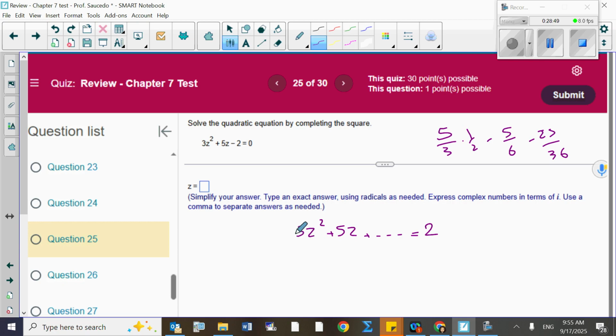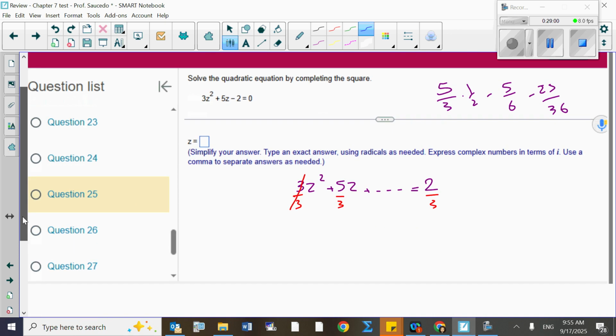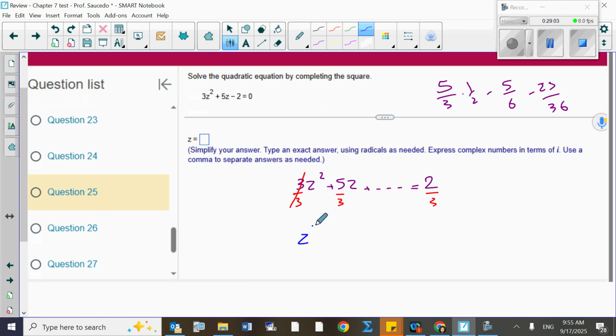So I need to get rid of this. So what do I do? I'm going to divide everything by 3. So I get rid of this coefficient of z squared. So my expression is going to look like z squared plus 5 over 3z plus, and I need to add something here, equal to 2 over 3.